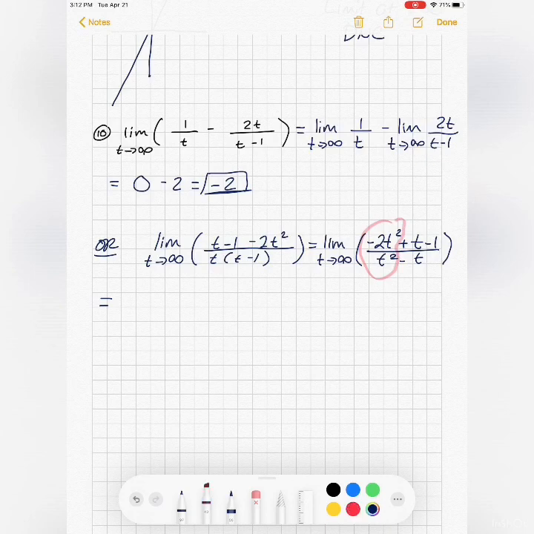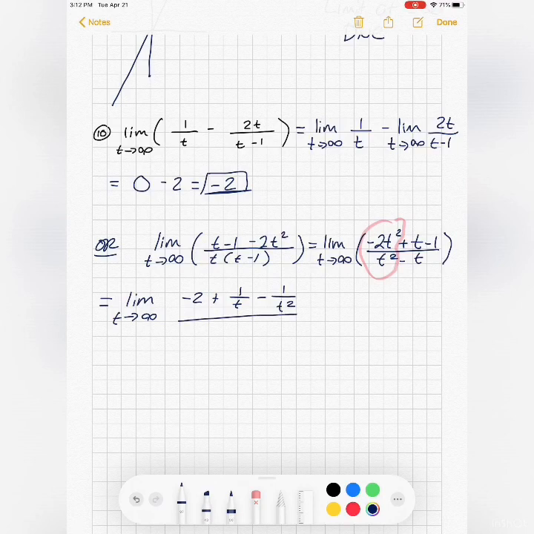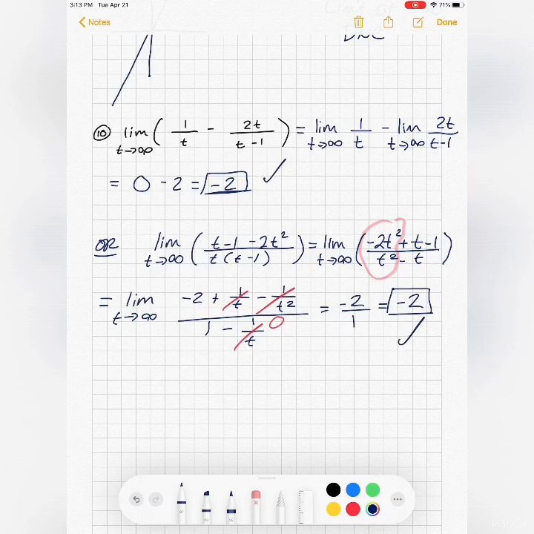I can see that result's going to be negative 2, but again, I can justify that dividing by t squared. All of these go to 0. So either way, I can see the result is negative 2.